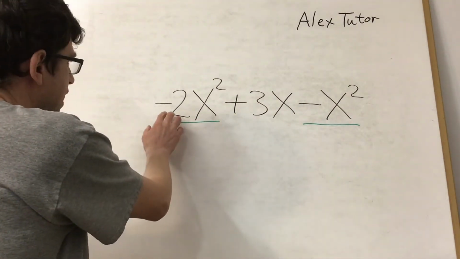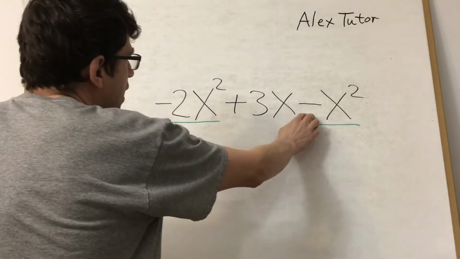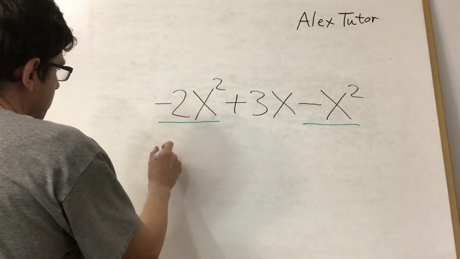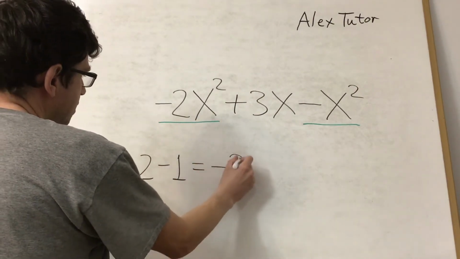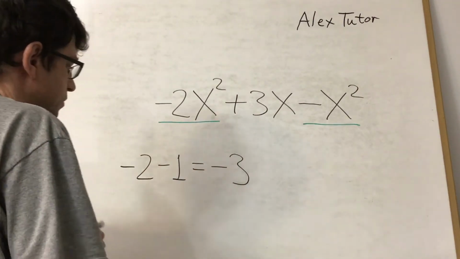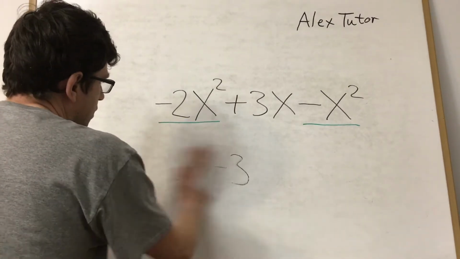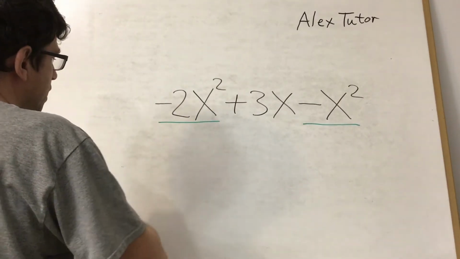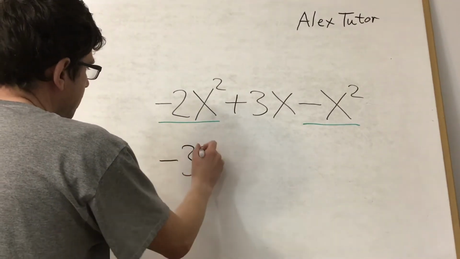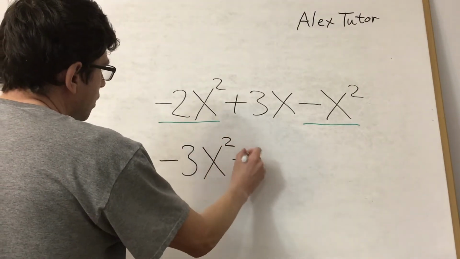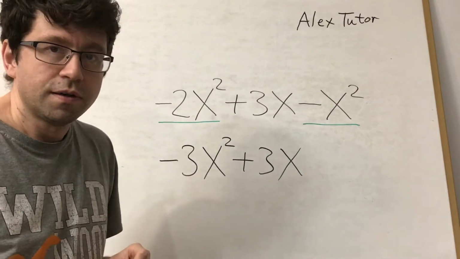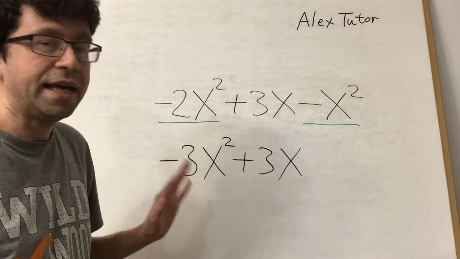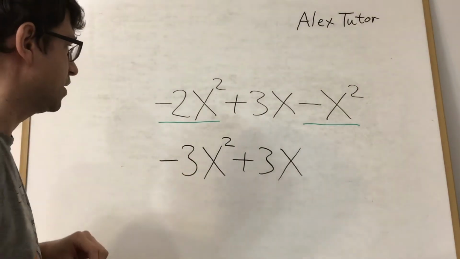So how much is negative 2 minus 1? So negative 2 minus 1 is negative 3. So here I write negative 3x to the power of 2 plus 3x. That's it. I cannot do anything else. This is the final answer.